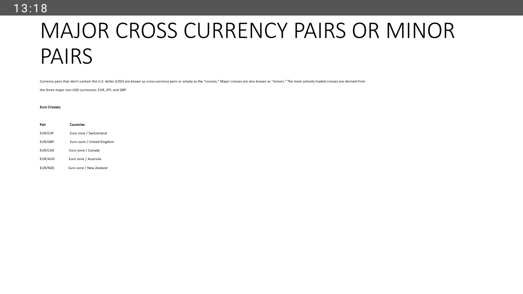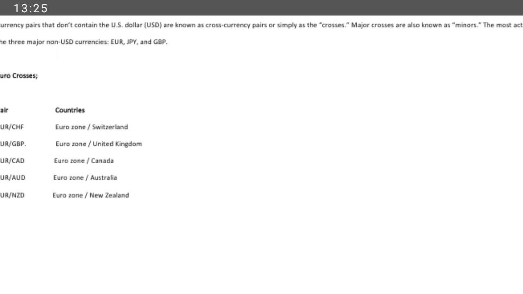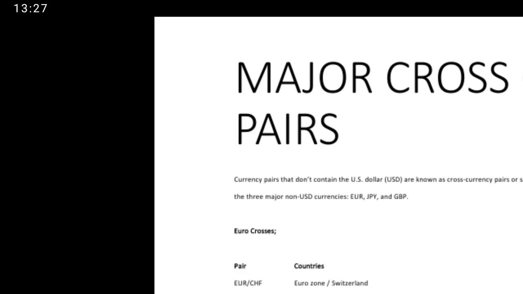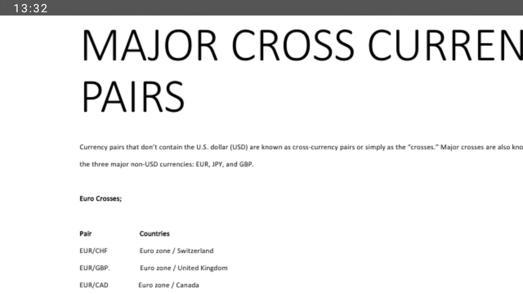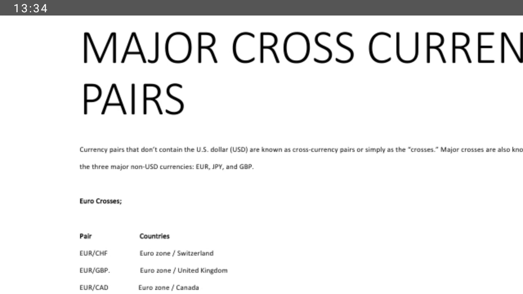The major cross currency pairs, or minor pairs. So we also have what we call the major cross currency pairs, or we can call them minor currency pairs. Currency pairs that don't contain US dollars are known as cross currency pairs, or simply as the crosses.